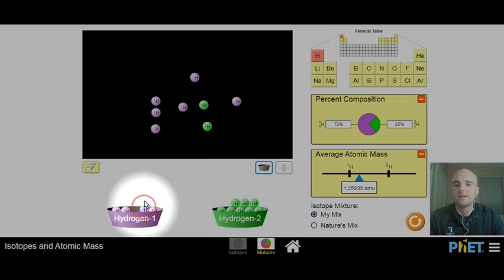And if I add more of these, the percent abundance is shown right here in this little pie chart, and also as a percentage here. That means that if this is my whole universe or my whole sample size, then 77.8%, well, let's make that an even number, 75% of these hydrogens are hydrogen 1s, and 25% of them are hydrogen 2.